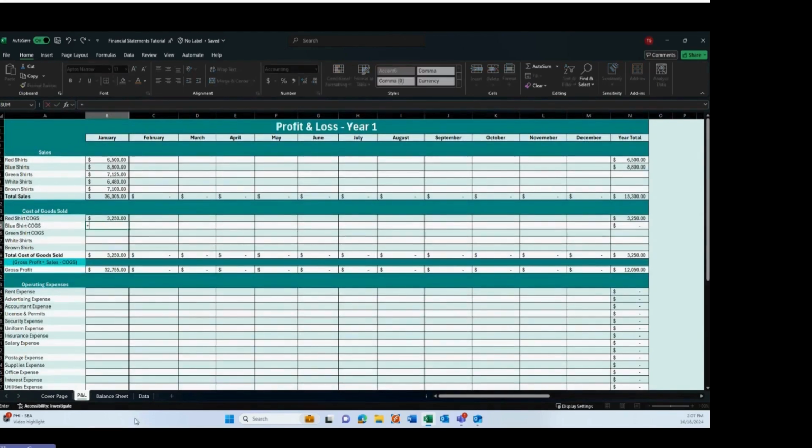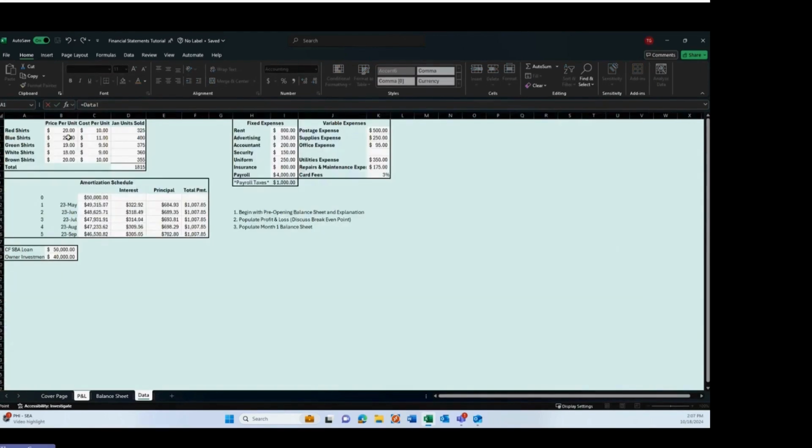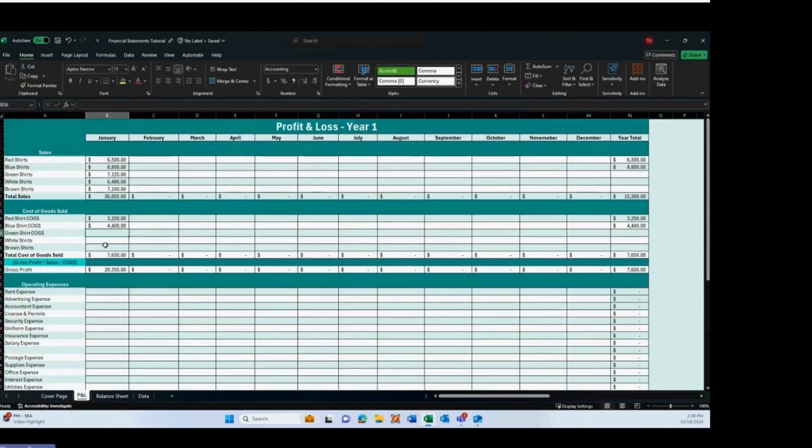Blue shirts, once again, same process, $11 for a blue shirt is what it cost us, times 400 units sold. There we are.